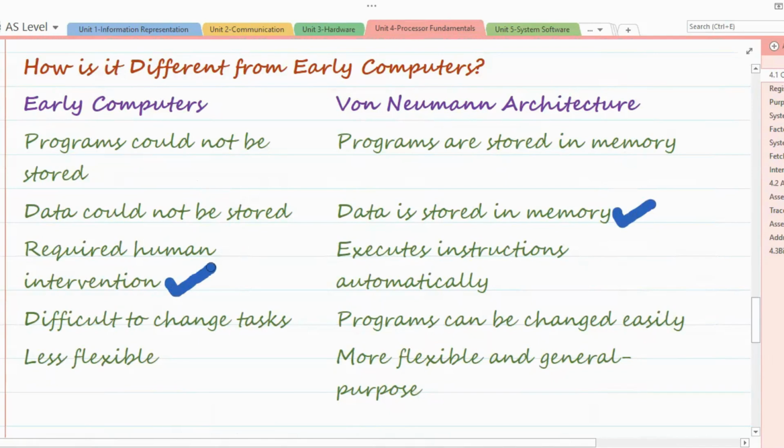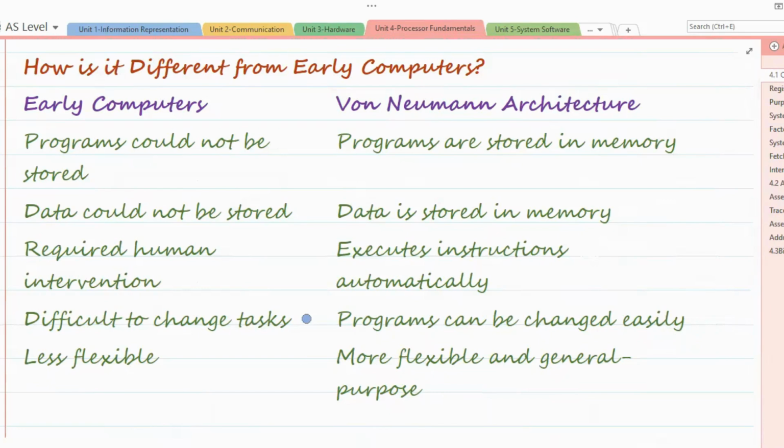Early computers required human intervention, while in von Neumann architecture, instructions are executed automatically. In early computers, it was difficult to change tasks and they were less flexible. In von Neumann architecture, programs can be changed easily, and it is more flexible and can be used for general purpose.